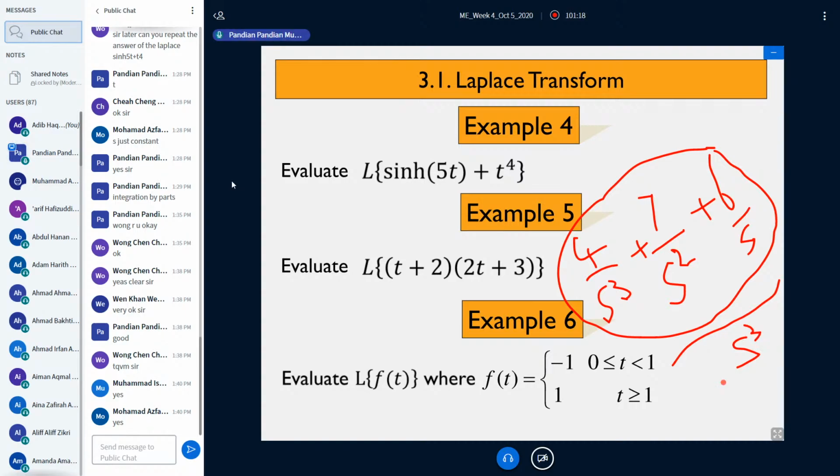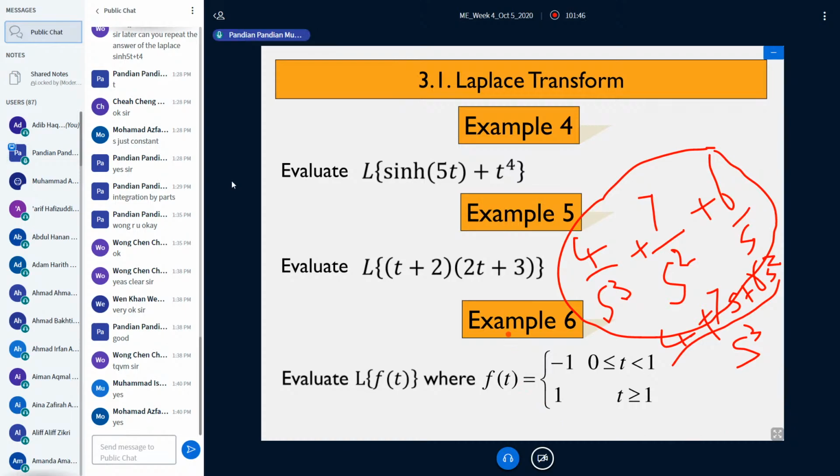S cubed, and then you put 4 here, plus 7s, and then plus 6s squared. That is just to simplify. Long way to go. This is just the beginning.